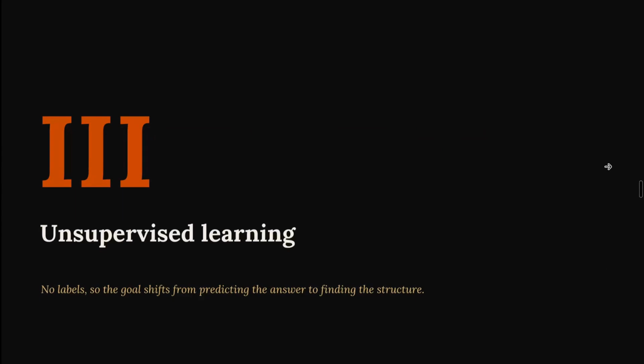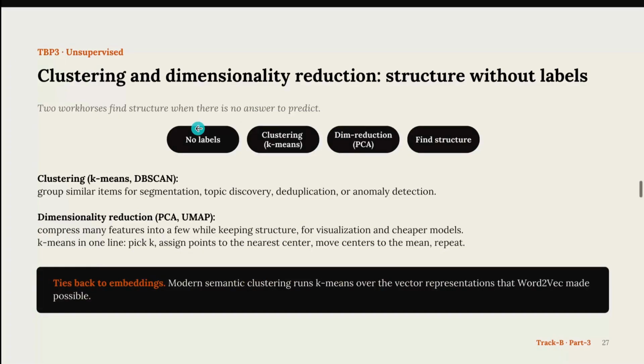There are no labels given to us. The goal shifts from predicting the answer to finding a structure or a pattern in the data. Typically it starts with clustering. You have data, you want to identify what patterns exist, so we group the data together with similar characteristics. And dimensionality reduction, where we say that 10 dimensions might not represent the labels correctly.